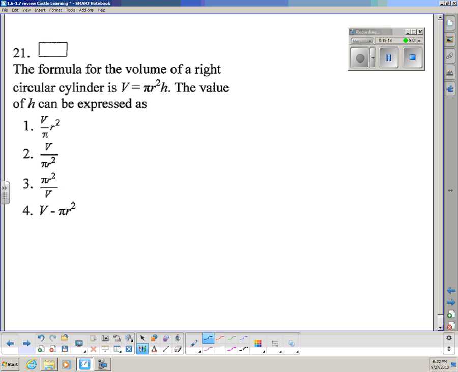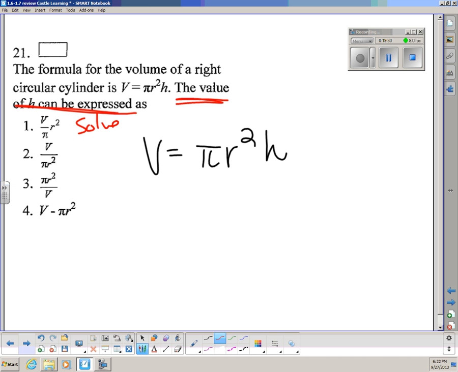21, the formula for the volume of a right circular cylinder is V equals pi r squared times h. And we want h to be expressed as, so the directions here, the value of h can be expressed as, really means to solve for h. You want to get h by itself. Notice the choices don't have h in them. So we're looking at how to get h by itself. And if I look, I have pi times r squared times h.